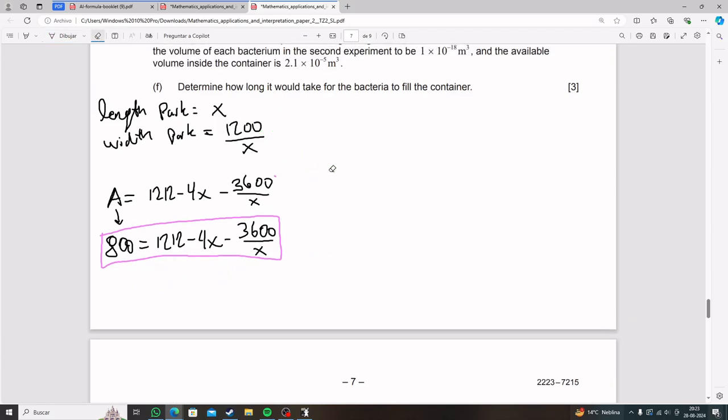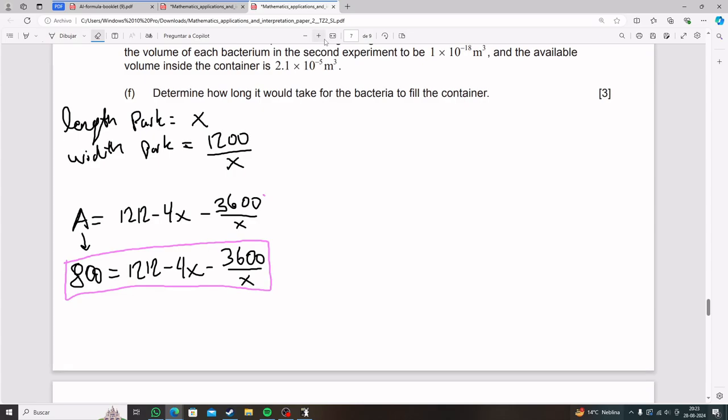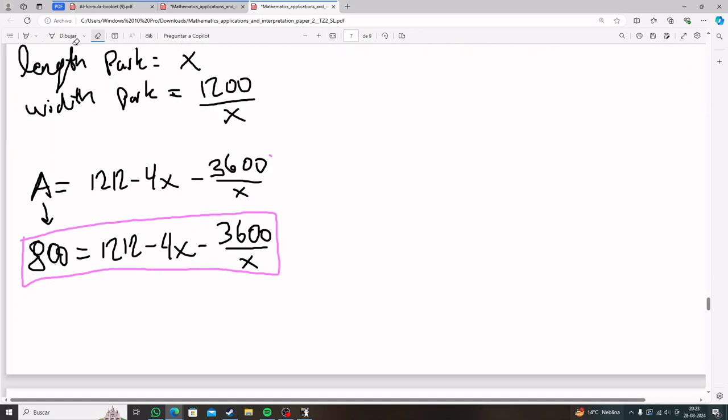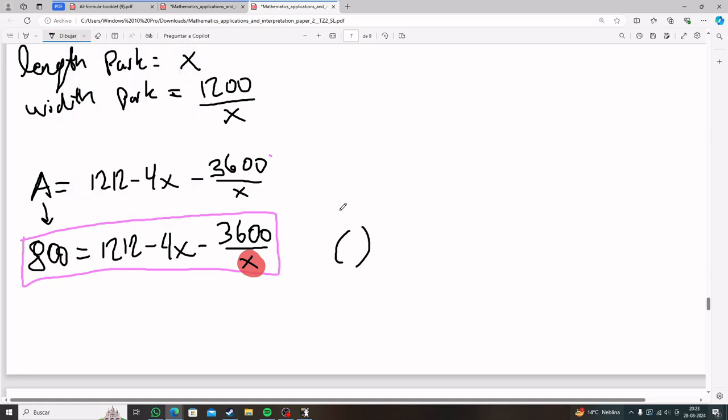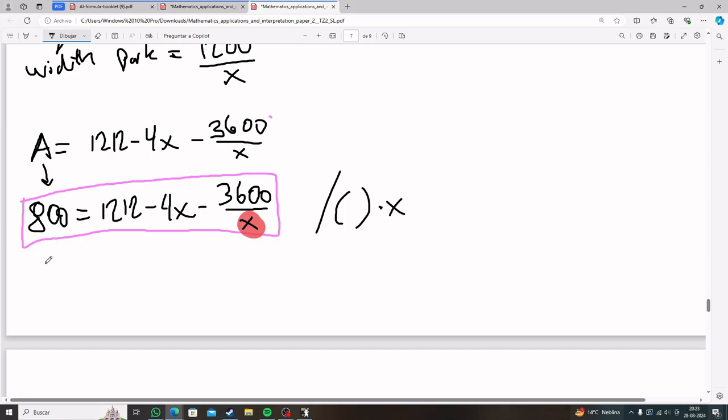So on the one hand, what is annoying you right now? You're probably annoyed by the fact that you have an x in the denominator. So how do you get rid of an x in the denominator? What you can do is multiply everything by x. So if you multiply everything by x, you end up with 800x equals 1212x minus 4x squared.